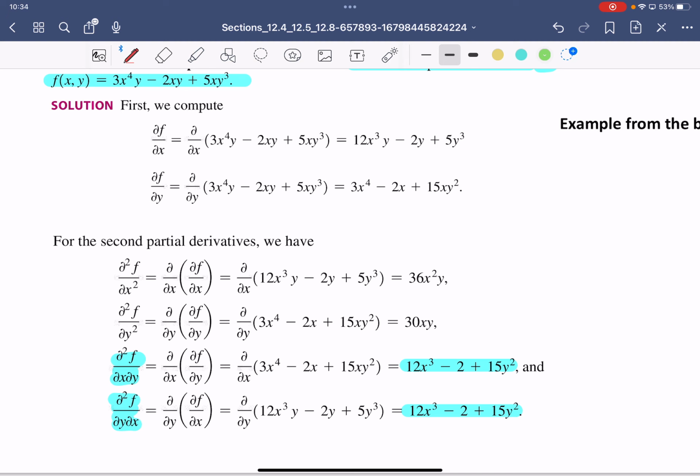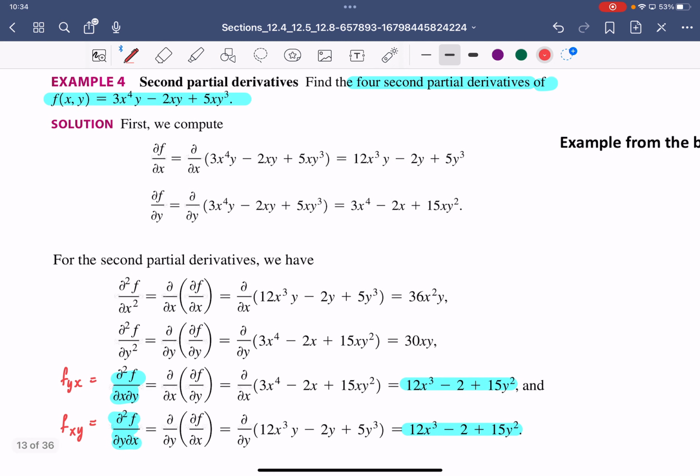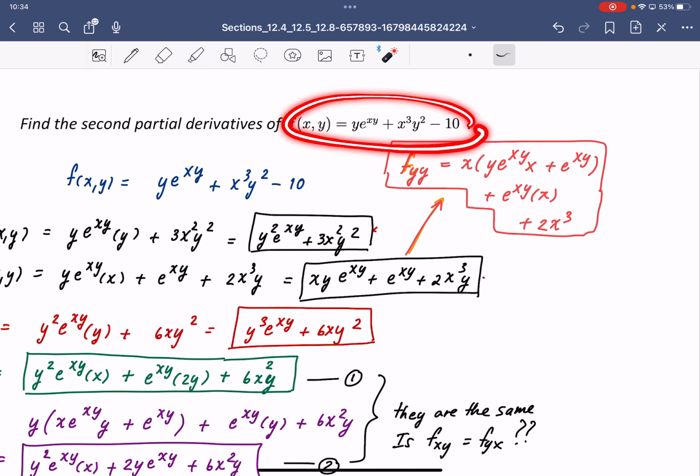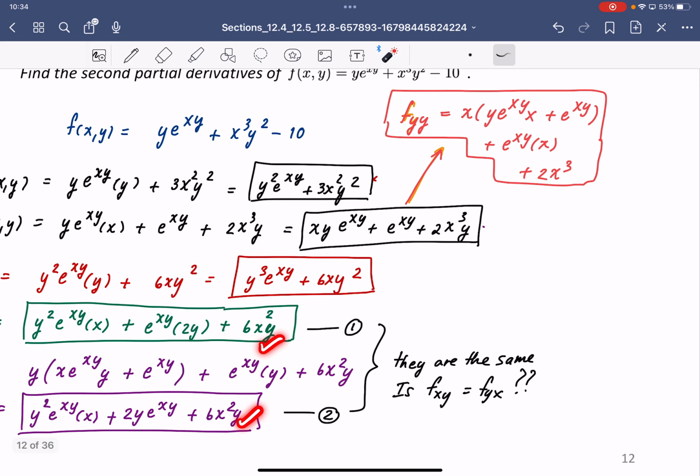So this is actually fyx, and this is actually fxy. So you suspect that maybe fxy and fyx are actually equal, using the function that they gave in the book here. So you also get the same number here. The one that we just did before with this function, they are also the same.